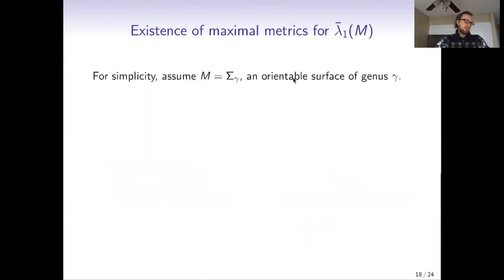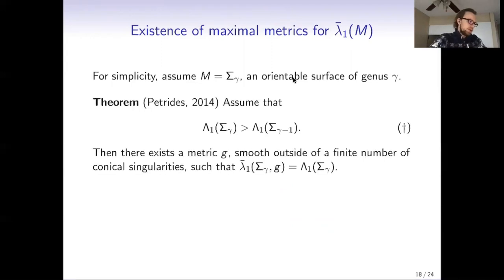All right, so let me cover the existence of maximal metrics that I promised. For simplicity, I'm just going to state the results for an orientable surface of genus gamma. You can state the results for non-orientable surfaces, but they are a bit more cumbersome. It's a result by Romain Petrides, who is another speaker at this seminar.